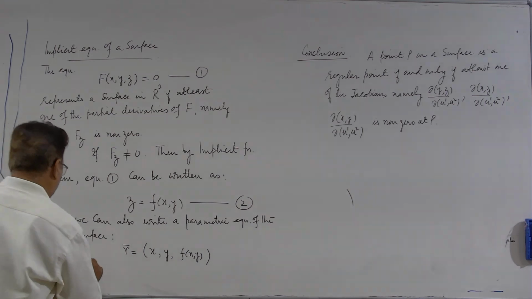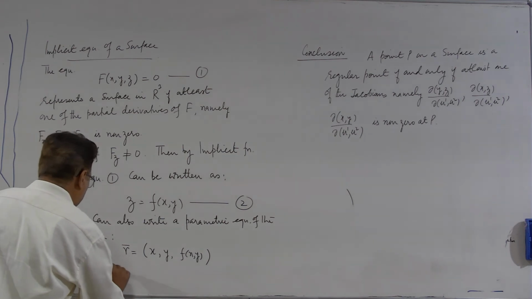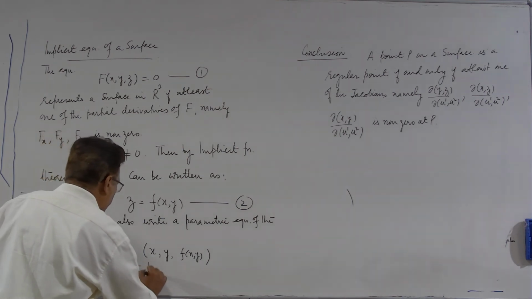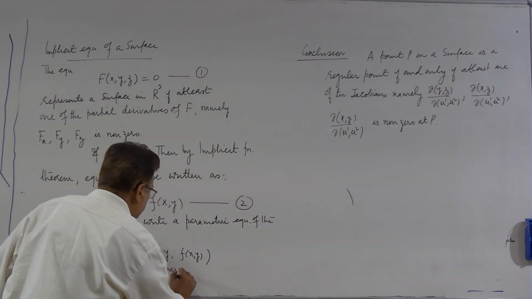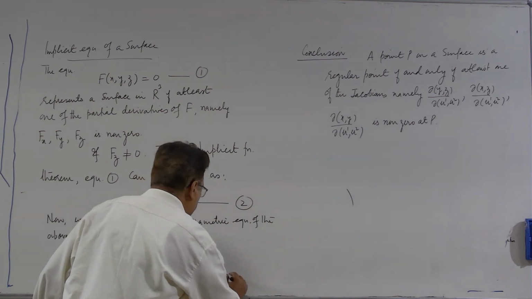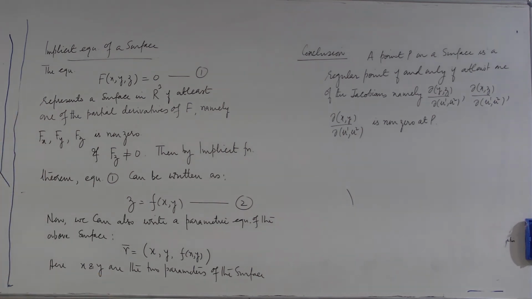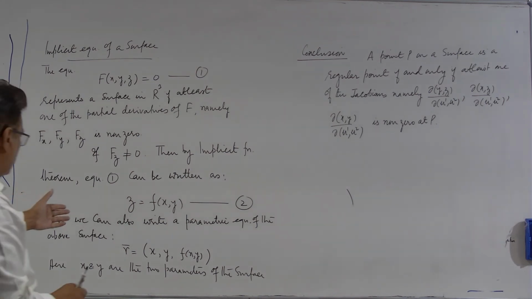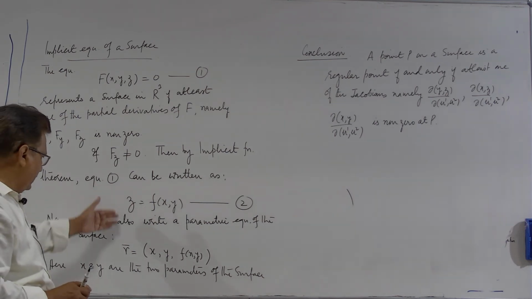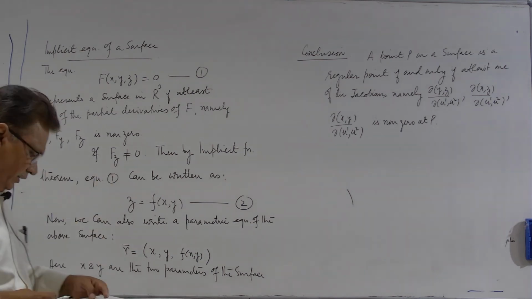So, x and y are the two parameters of the surface. So, if one of the partial derivatives of capital F is non-zero, you can convert its equation into explicit form. This is known as explicit form of the equation, and this is the parametric form of the equation. So, you can convert it into any of the forms.